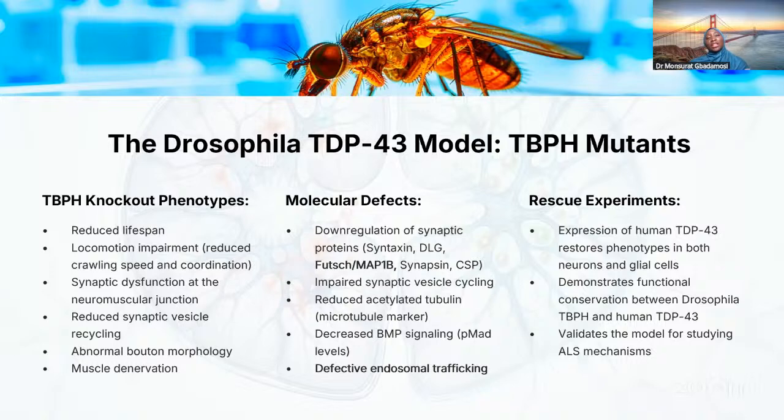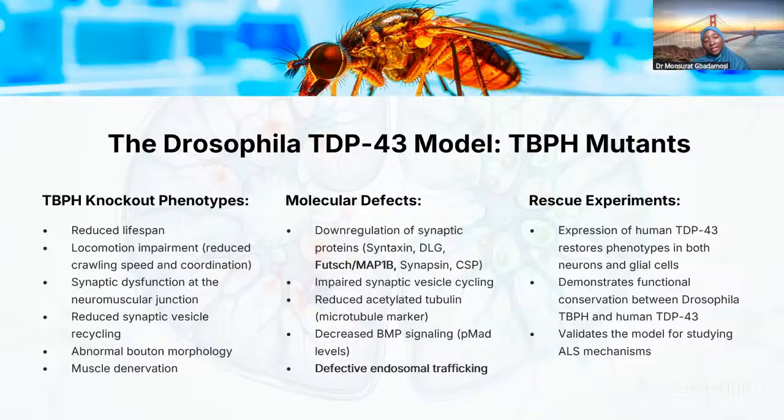And when you try to do a rescue experiment using human TDP43, remember I said this is a loss of function model, meaning that the flies do not have any TDP43 at all. If you try to put human TDP43 into these flies, it rescues the symptoms that you see, the phenotypes. You rescue them using either human TDP43 or Drosophila TDP43.